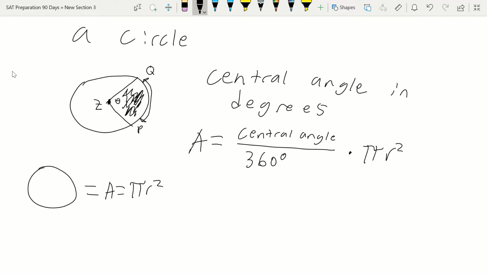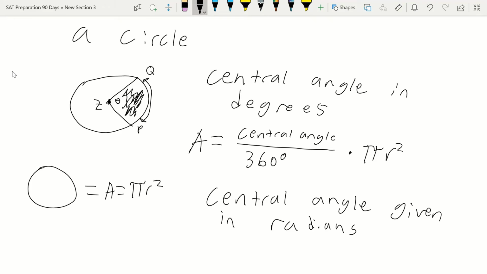So if we're going to do that with radians, I believe that it would be, let me make sure I'm right.